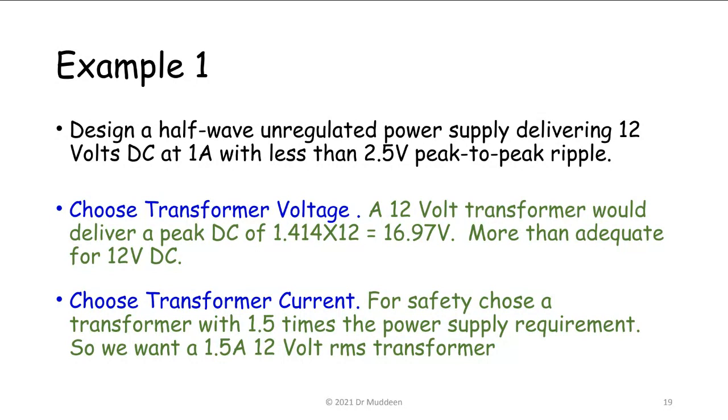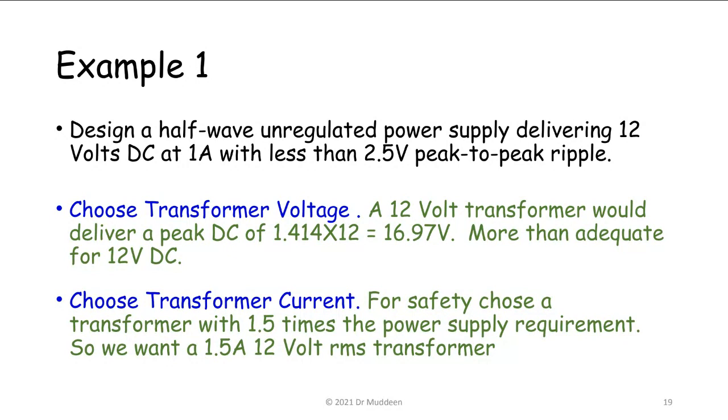They would specify that in some ways. If you're shopping online from a parts supplier, you could go on their drop-down list and look for a 12 volt transformer at 1.5 amps, or sometimes they give you the VA rating of the transformer.